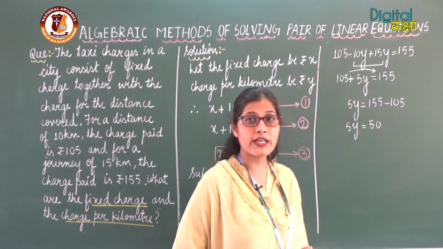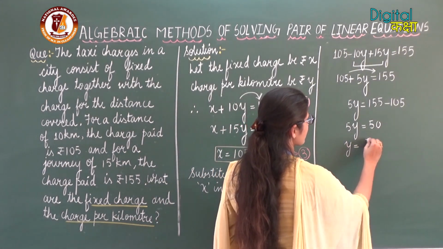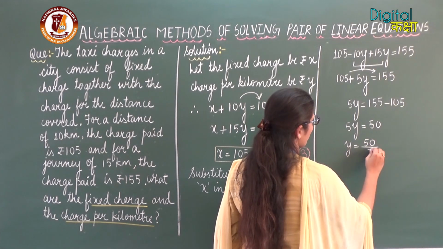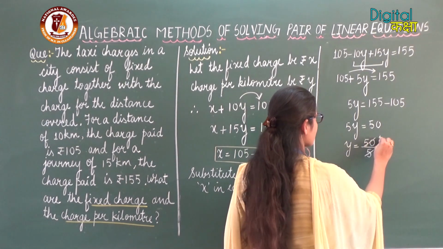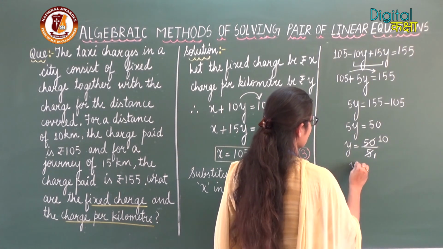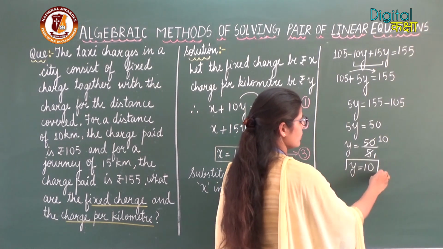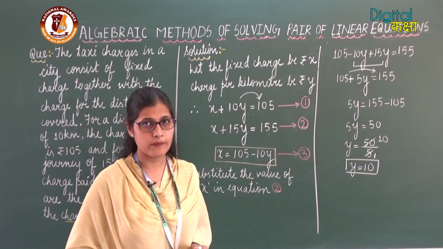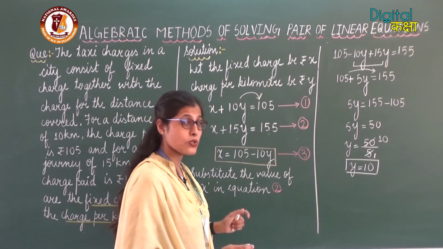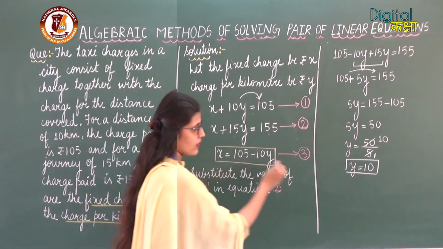Now, I need to find the value of y. So, I will be writing it as y equals 50 upon 5. Let us simplify it. 5 ones are 5, 5 tens are 50. So, the value of y will be equal to 10. Since we got the value of one variable, now we will be substituting this value of y in equation 3.